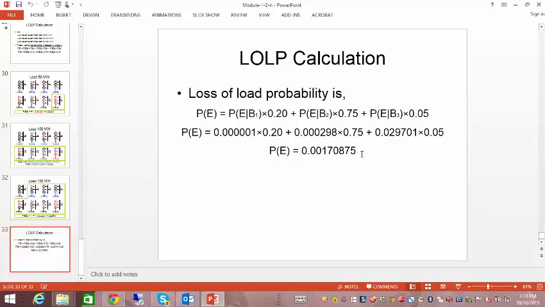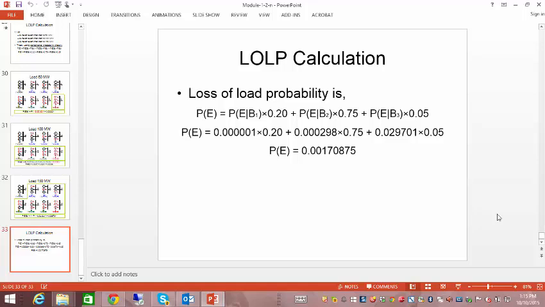So you can see that the probability of loss of load is really simple to calculate, and the loss of load probability is probably the most commonly used index in power system reliability.